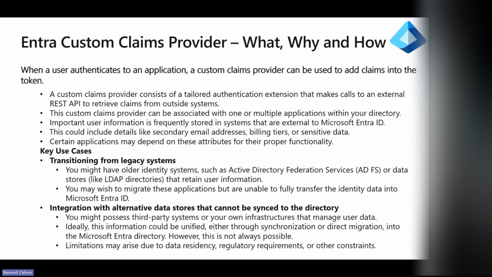Another scenario is that your information is not entirely in Azure AD. It's stored in third-party services or third-party data stores, and you need that information in the claims, but you cannot migrate it entirely into Azure AD. So these are some of the scenarios where you will need a custom claim provider.